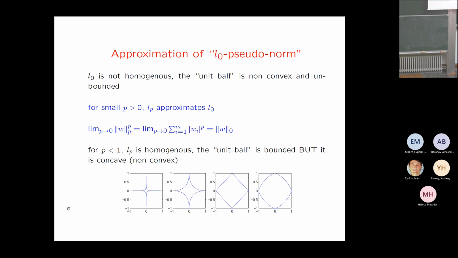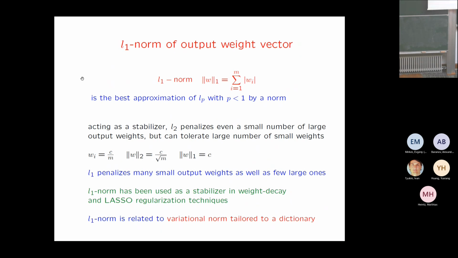Of course, I cannot draw this L0, it's even unbounded, so these are the approximations. So the L1 norm is very popular in lasso, in regularization. The nice thing is that it penalizes very small output weights as well as a few large ones.